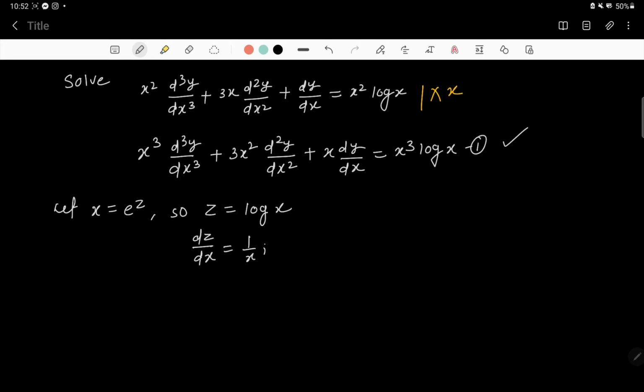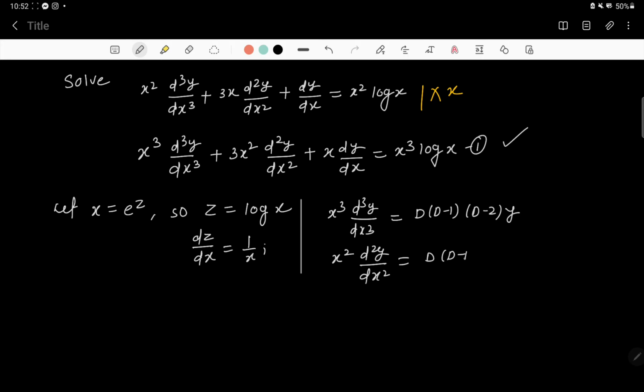Okay, and now the term x cube d cube y by dx cube can be written as D(D minus 1)(D minus 2) of y. Similarly, the term x square d2y by dx square can be written as D(D minus 1), and the term x dy by dx can be written as D of y.